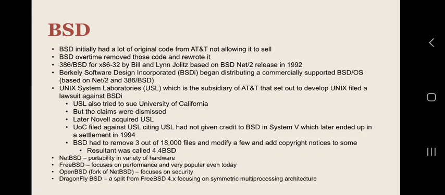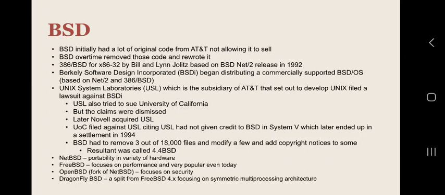Some of the proprietary or AT&T-specific code was removed, and some copyright notices were modified, and that resulted in 4.4BSD. And then BSD also saw various different flavors, like NetBSD, which was made for portability across a variety of hardware. And then it saw another release called FreeBSD, whose focus was on performance, and it is still popular even today to some extent.